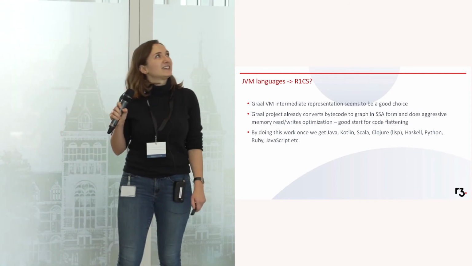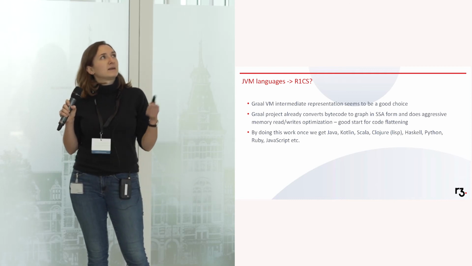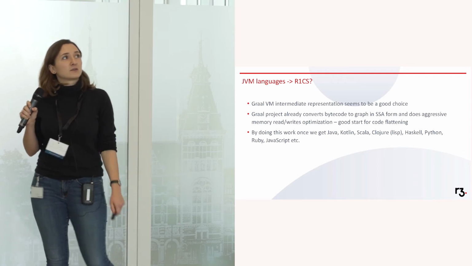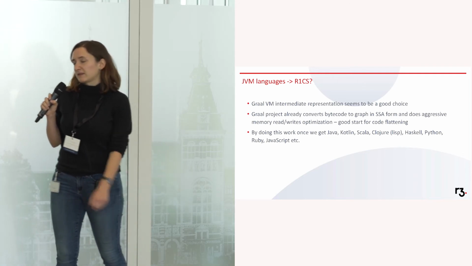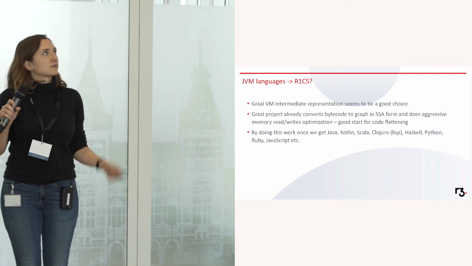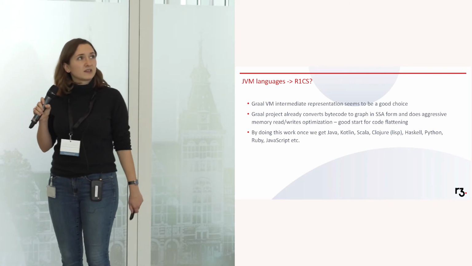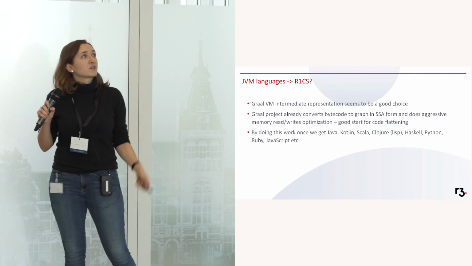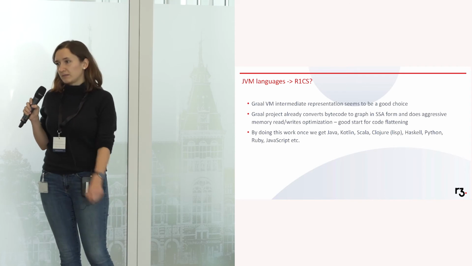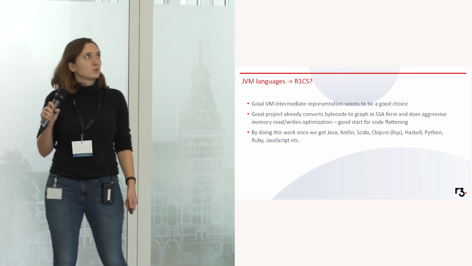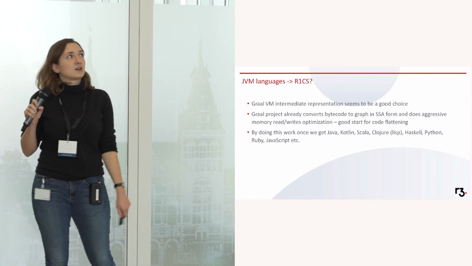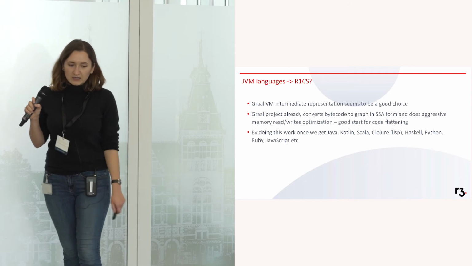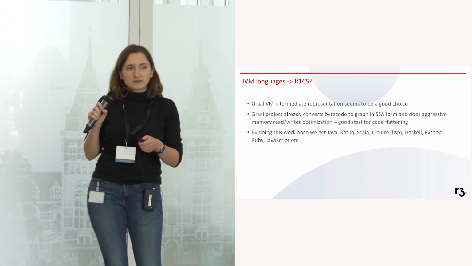So you could theoretically use the GraalVM intermediate representation that already converts bytecode to a graph in static single assignment form, with really aggressive memory read-write optimization. So it seems like a good start for code flattening, and also it is a win if we manage to do something like that because we get many languages that are running on the JVM. Right, so you do this work only once. However, there's another problem.